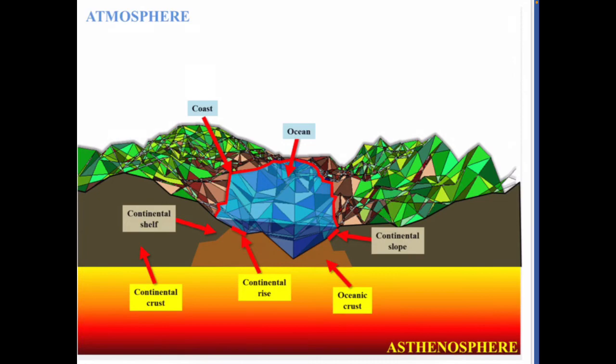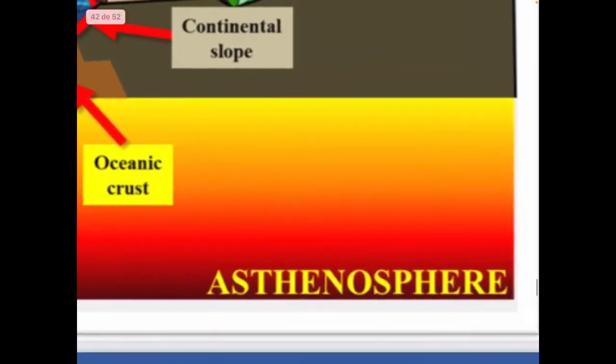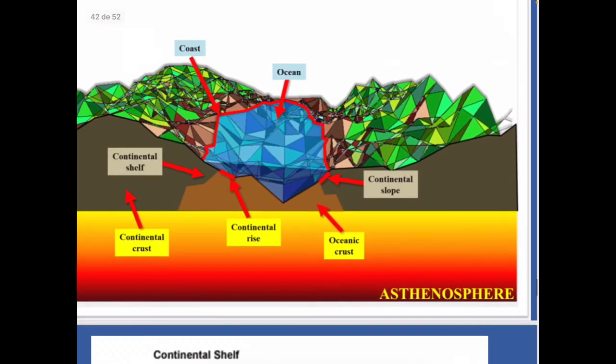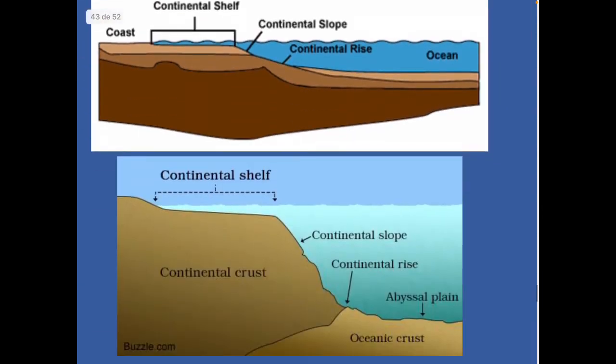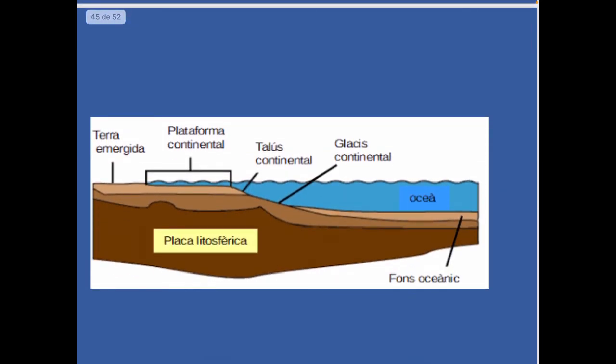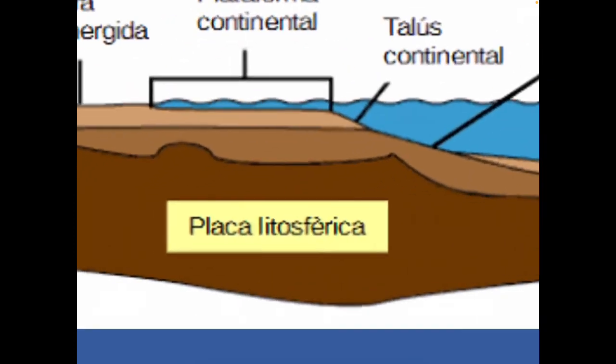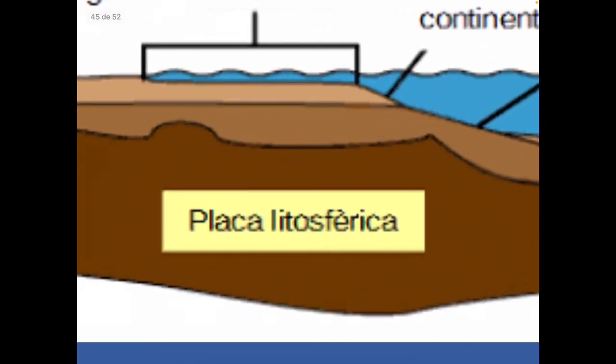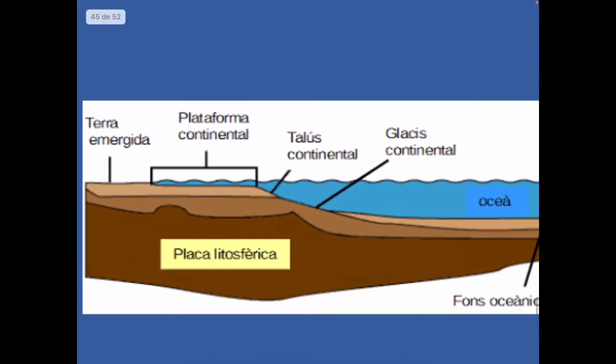So again, remember, these plates can move because they are floating above the asthenosphere. So now I only want to show you precisely this. This one, I don't know if it is in French or in Portuguese, I really don't know. But I want you to pay attention to this detail here, the lithosphere. This is what I need you to understand.